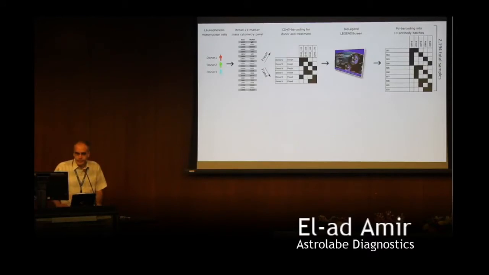Briefly, the experiment design is as follows. We acquired blood samples from 3 healthy donors, and we stained them using a 21-marker mass cytometry panel that was developed by the Human Immune Monitoring Center. The goal of this panel is to capture a large number of cell subsets in the immune system, to be as broad as possible, while still leaving some of the mass cytometry channels for in-depth work, which is experiment specific.